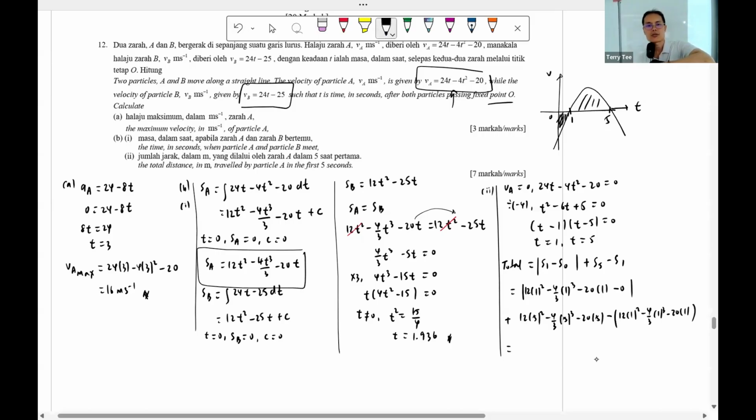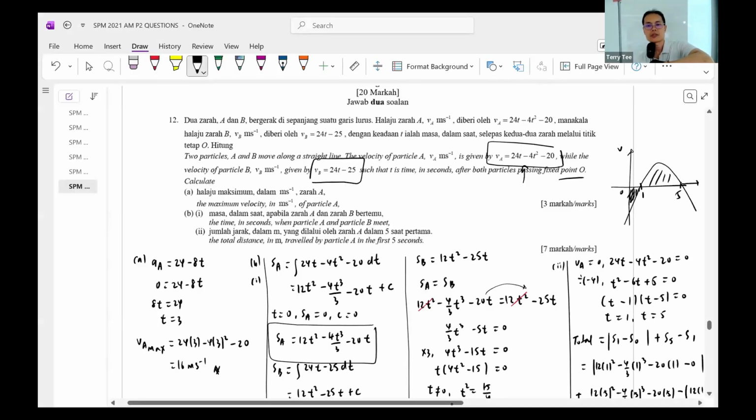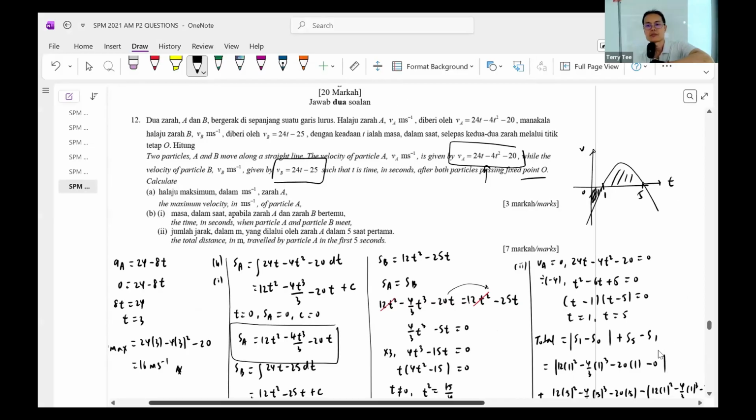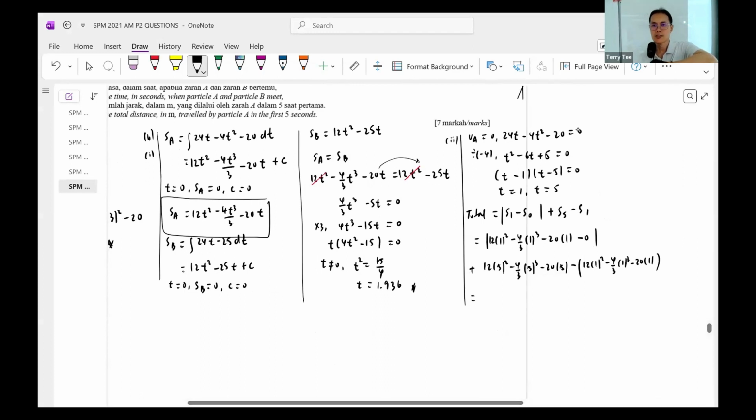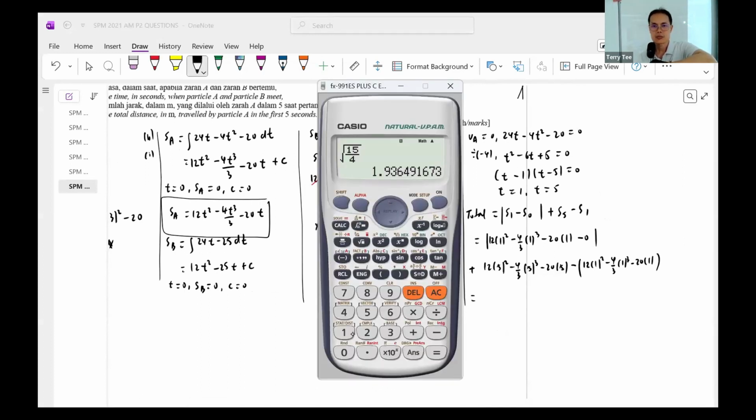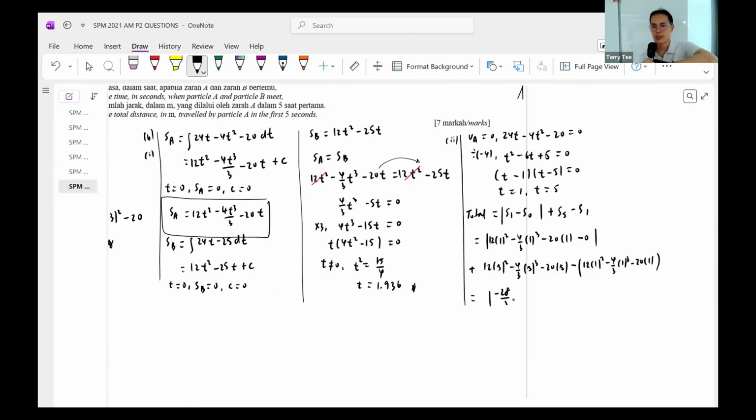Okay, let's count. I need to use a calculator here. S will be 12x squared minus 4 over 3 x cubed minus 20x. I like to use unknown x so that I can substitute faster. Let's press calculate. Let's start with 1. 1 will give us negative 28 over 3. So 28 over 3, you modulus, correct?